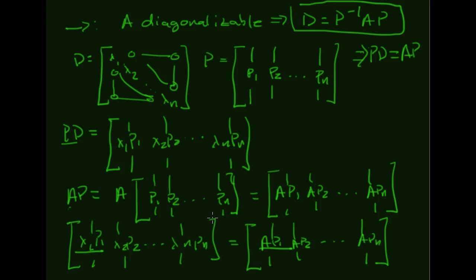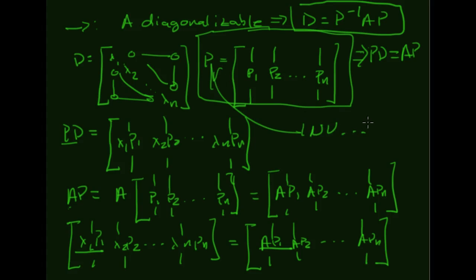Because P is invertible, which means that its columns have to be linearly independent. So if I can diagonalize the matrix, then there has to be a full set of linearly independent eigenvectors. All right, so we've proven this going to the right.